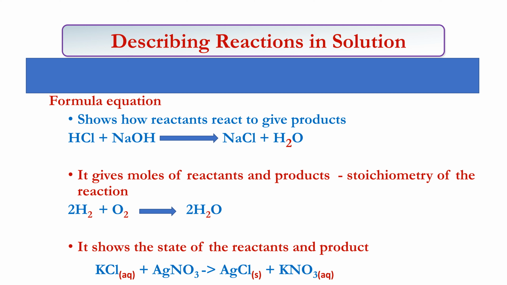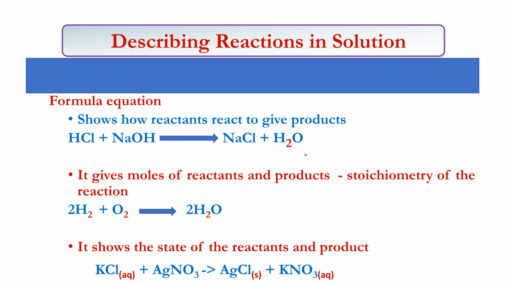A formula equation shows how reactants react to give products. For example, here, these are the reactants, and this is an example of formula equation. It shows us that HCl reacts with sodium hydroxide to give sodium chloride plus water. It shows us how these reactants rearrange to form new products.